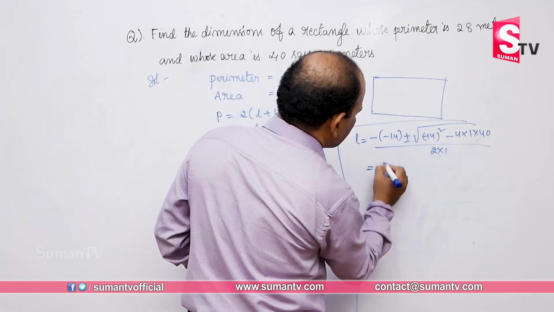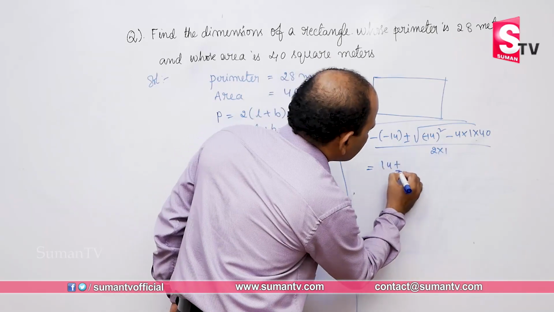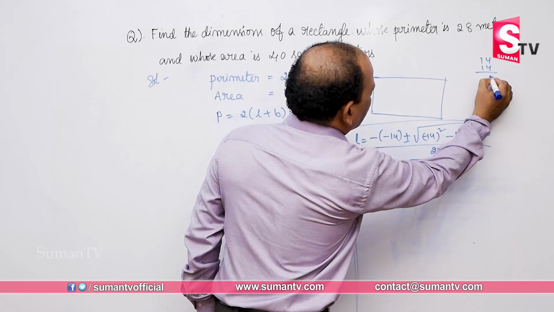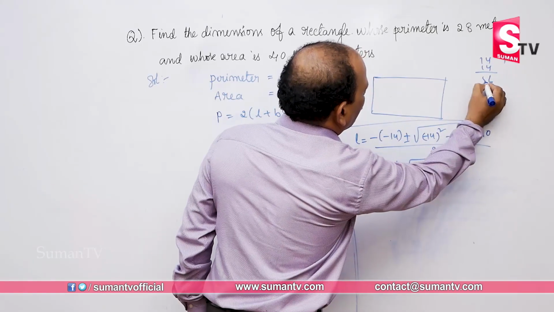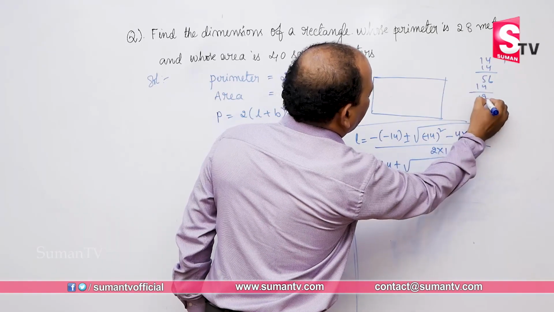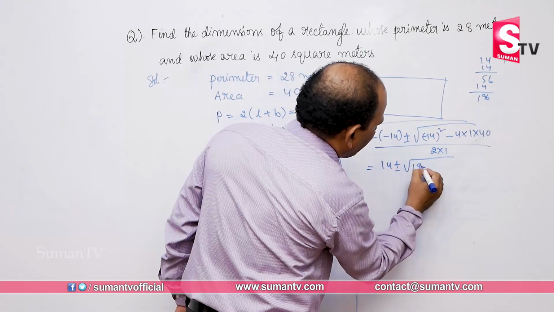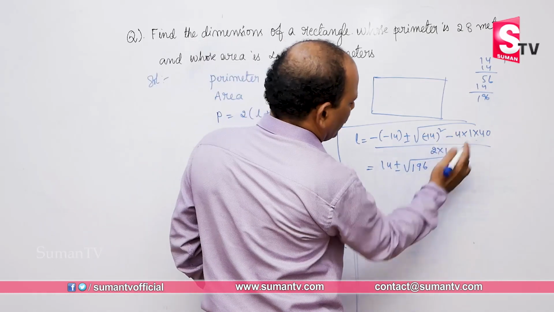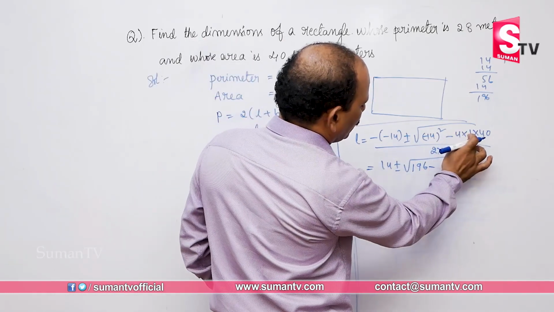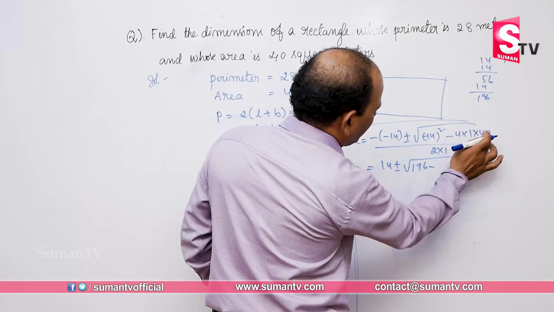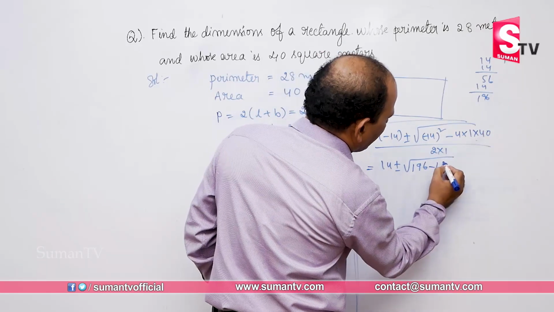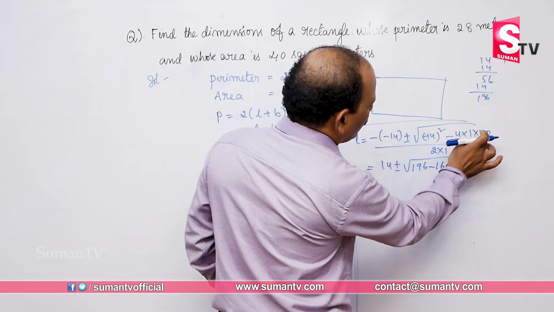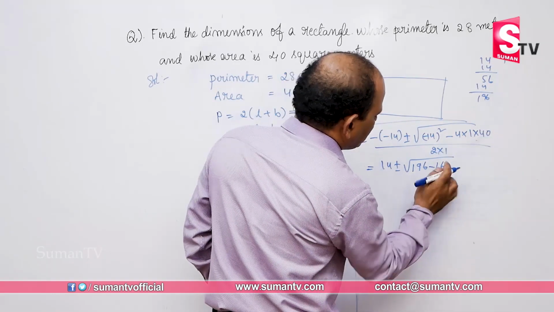That is, minus into minus is plus, 14 plus or minus root of 14 whole square, which is 196. Okay. 4AC: 4 into 1 is 4, 4 into 40 is 160.